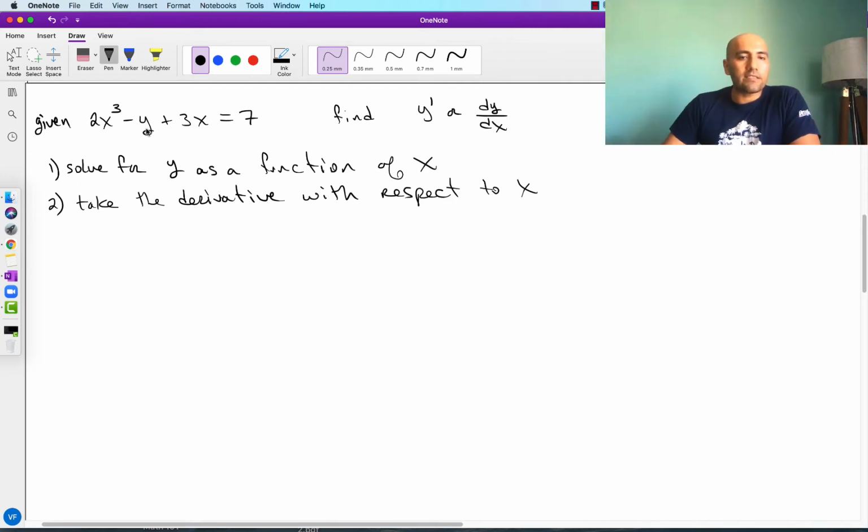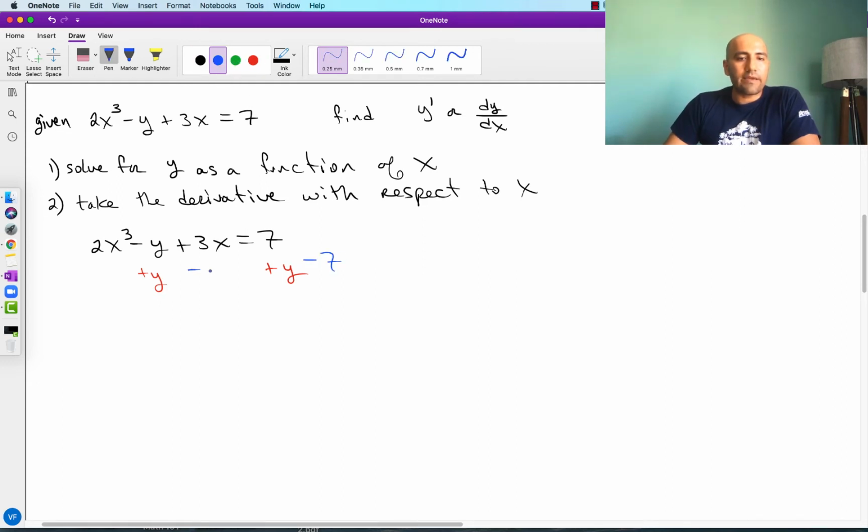Step one, let's solve for y. Very easy here. We've got 2x cubed minus y plus 3x equals 7. Let's add y to both sides, and then subtract 7 from both sides.